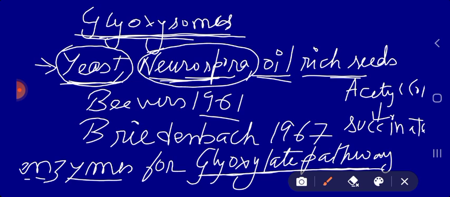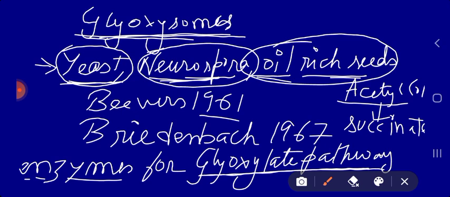Okay, and as I have mentioned, it is found in the oil-rich seeds. They are found in abundance, that means high in quantity, in the cells of germinating oil seeds and some fungi. The beta oxidation of fatty acid produces acetyl coenzyme A, which will be further metabolized in the glyoxylate cycle to produce carbohydrate.